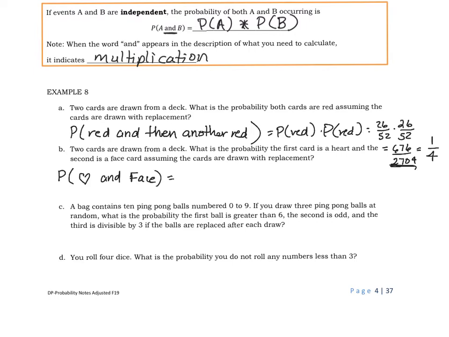So there are 13 hearts, and there are 12 face cards. Again, we're putting the card back. So multiplying across, that gives me 156 out of 2,704, which will reduce to 3 out of 52.